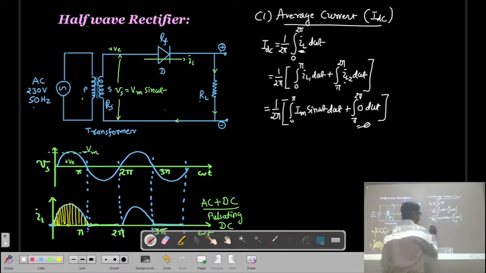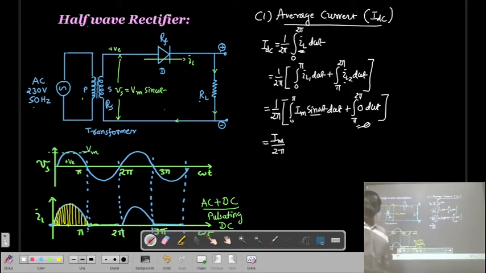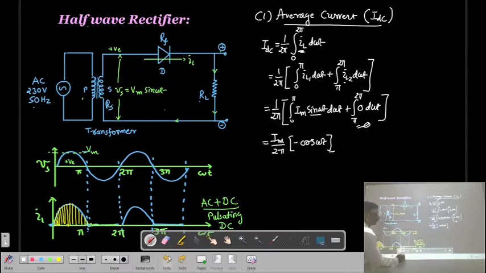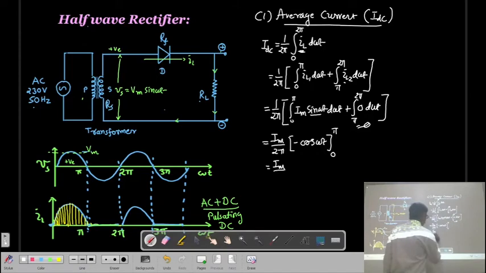And here naturally this integration value is going to be 0. I have to integrate only this term, and Im is a constant, so I write Im by 2 pi, and I have to integrate sin omega t. The integration of sin omega t is minus cos omega t, with limits from 0 to pi. This is equal to Im by 2 pi into bracket minus cos pi minus, minus cos 0.